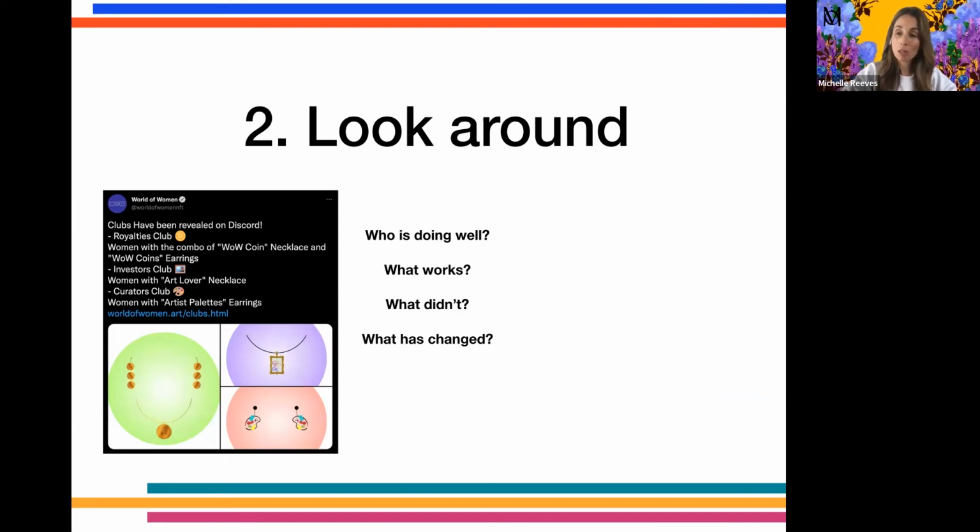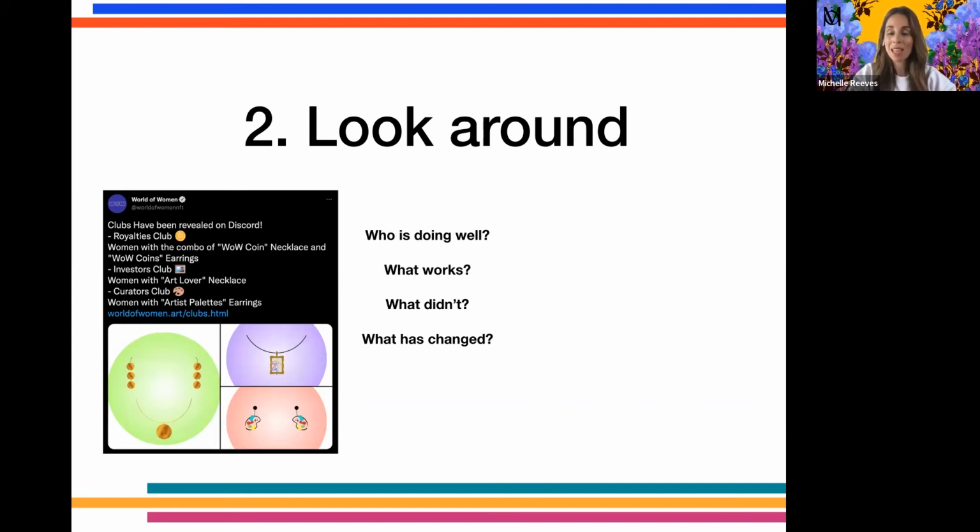So on the left in the green circle, you see some gold earrings and a gold necklace. If you had a combination of those accessories on your World of Women, you are now part of the Royalty Club. And by going into their Discord, you would read that the Royalty Club receives a share in the secondary market profits, which is huge because they've done about $250 million in secondary market profits, of which it's shared between artists, the fund, the community, and this Royalty Club.